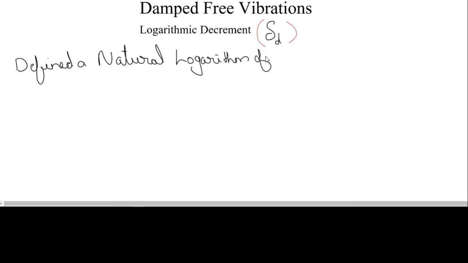That is its notation, and it is defined as the natural logarithm of the ratio of two successive amplitudes.